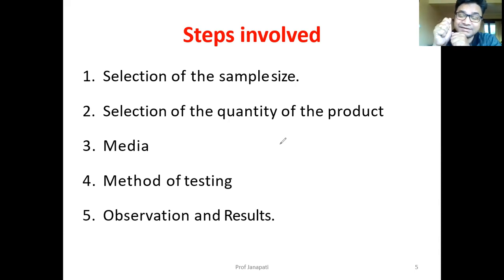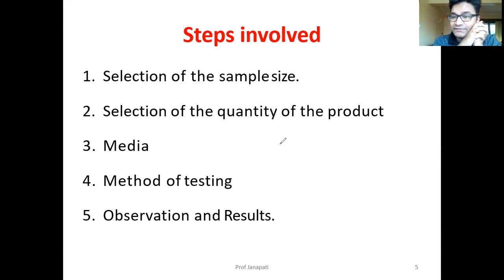You need to select some randomly. There are specifications, we will see. Then selection of quantity of the product. So whatever you selected, how many ml or milligrams you are going to select, that is the one which we are discussing. Next, we are learning about the media used. There are usually 3 media used in the process that we will learn.